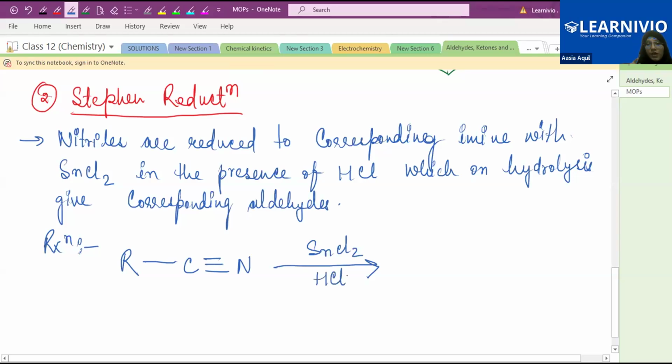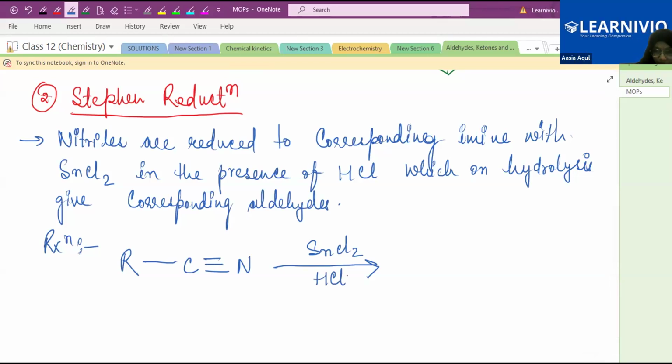Always remember, this SnCl2 plus HCl combo is used for hydrogenation, basically for the reduction purpose. So they are just reducing agents, used for reduction, or you can also call it hydrogenation.